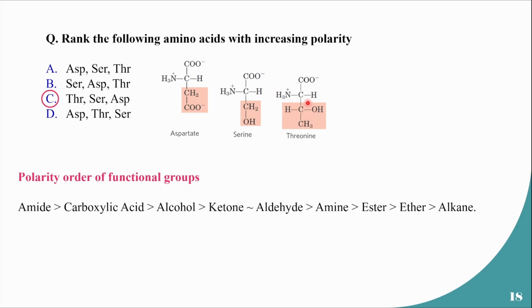So the greater number of carbons for threonine leads to a decreased polarity compared to serine. So threonine will come first, then serine, and then aspartic acid if we rank in an increasing order of polarity like that. Okay, so this polarity order of functional groups might be something to remember.